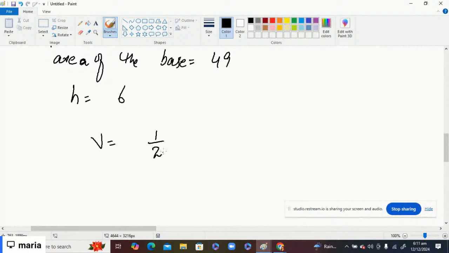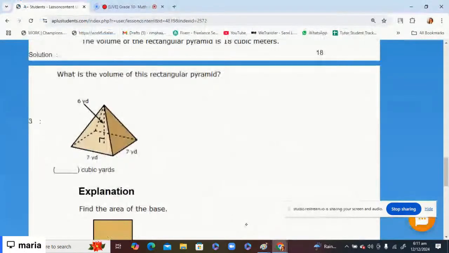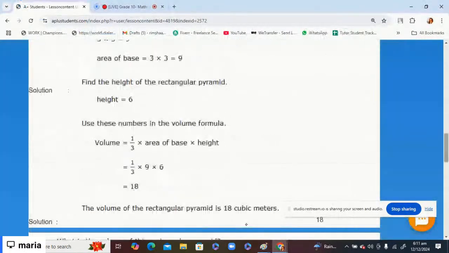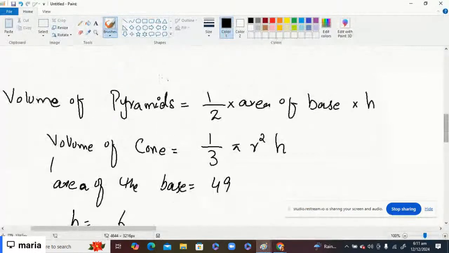That is 1 by 2 times base area times height. So it's 1 by 3. I think it's 1 by 3. It's not 1 by 2. Please correct the formula here. It's 1 by 3.